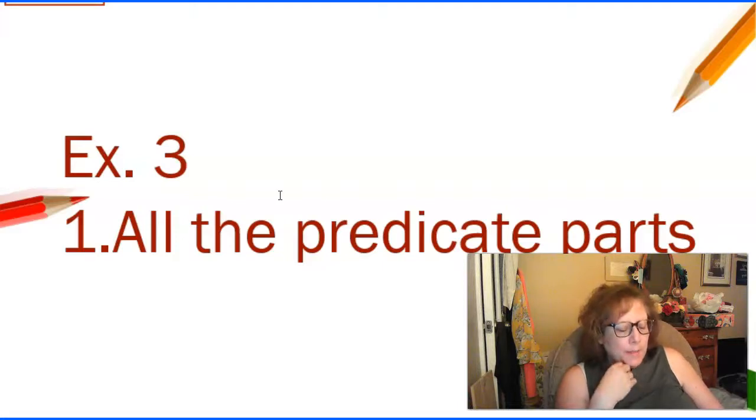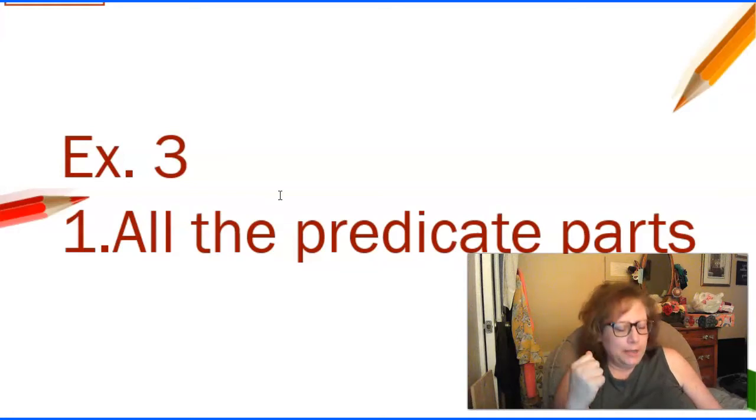So when we talk about number 1, all the predicate parts, we have to look for something that is going to have the predicate, which we also know as the verb, and other things that might come along with it, like words that describe it more. Remember, adverbs hang out with verbs. So what we want to do is find a big group of words or a complete group of words.